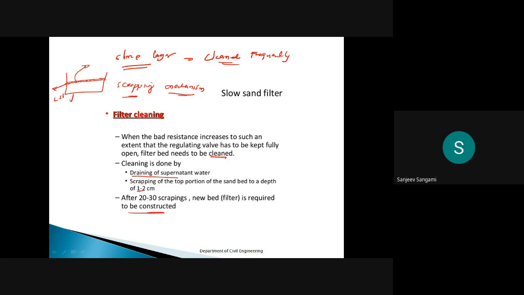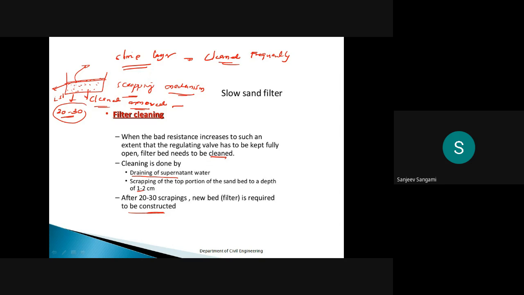So once you have done this scraping about 20 to 30 times, whatever is in the filter bed has to be cleaned and removed.